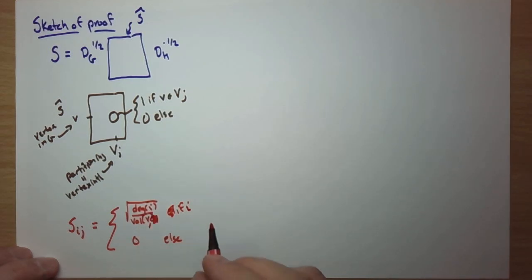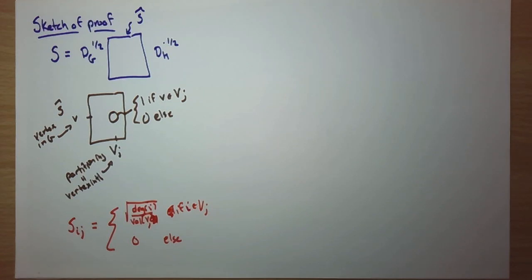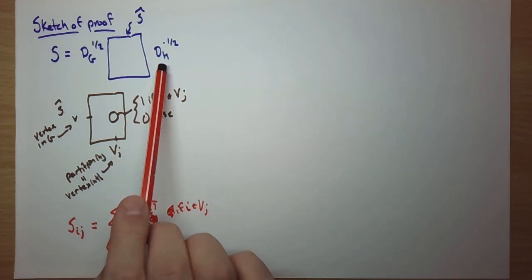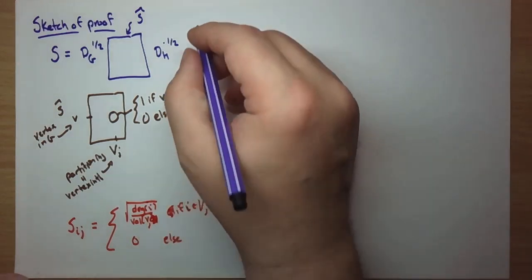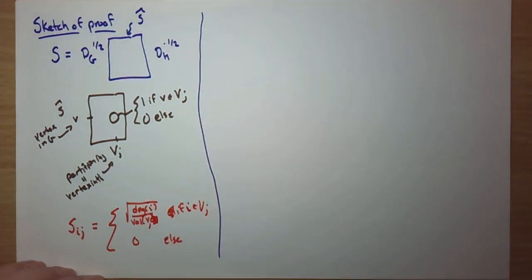Okay, this is terrible notation. All right? So the way that you capture your degrees in H is you sum up. That's why we have a volume term. Okay. Cool. Any questions so far?